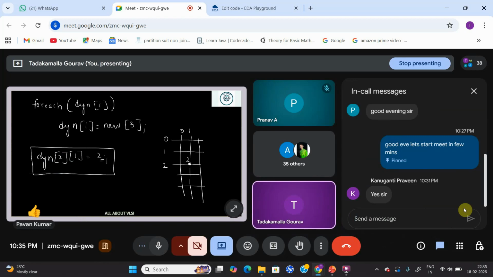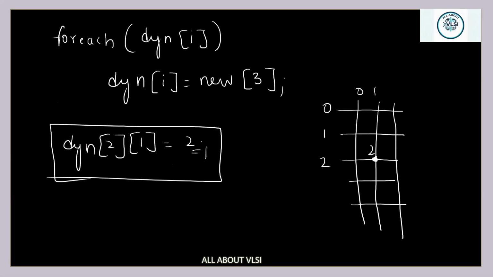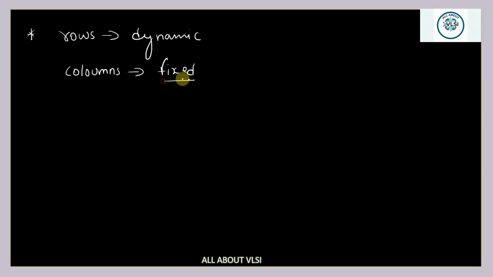Great. Now let us see another scenario where we have a dynamic array in which the number of rows is dynamic in nature and the columns are fixed. This is the condition we have. For example, we can simply have int dyn, where the number of rows is dynamic and the columns are fixed.